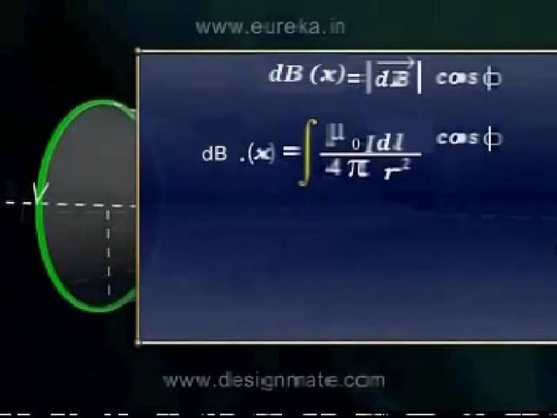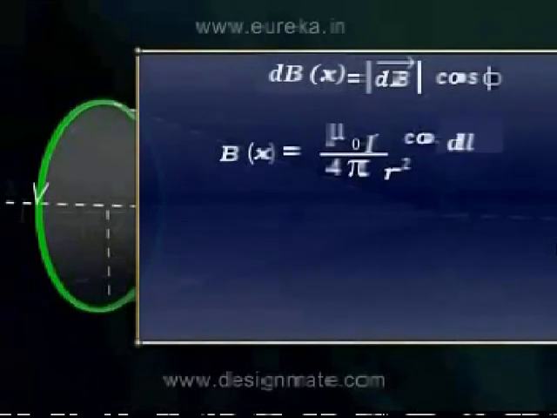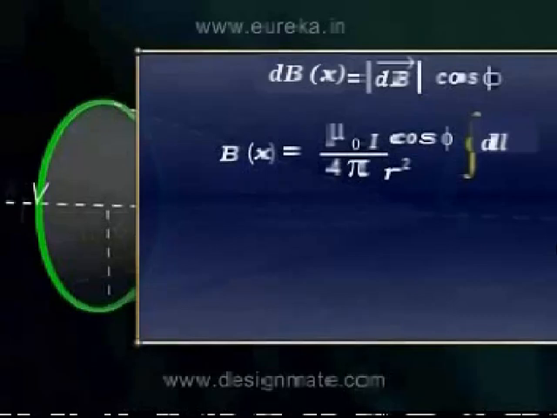Therefore, Bx is equal to mu 0 I upon 4 pi r square into cos phi into integral dl. Therefore, Bx is equal to mu 0 I upon 4 pi r square into cos phi into 2 pi a.